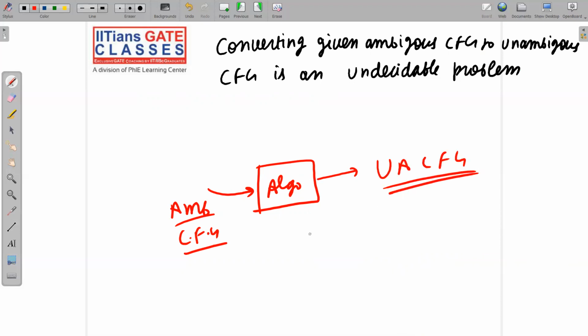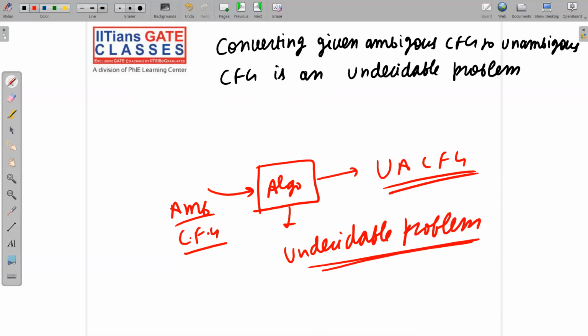No. Again, it is an undecidable problem, and this has been properly proven also. So converting a given ambiguous context-free grammar to an unambiguous context-free grammar is an undecidable problem. So directly or indirectly we are stuck now.